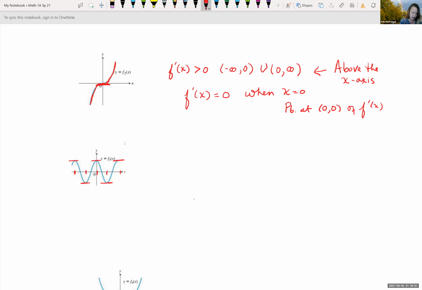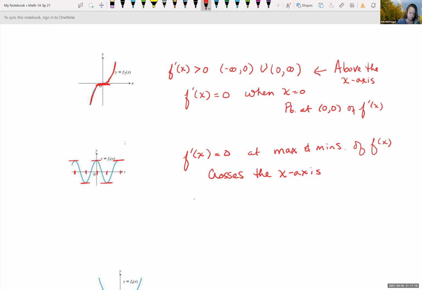So we can see that f prime of x equals 0 at maxes and mins. These are going to be the places where f prime of x crosses the x-axis. And then it's decreasing or increasing in between.